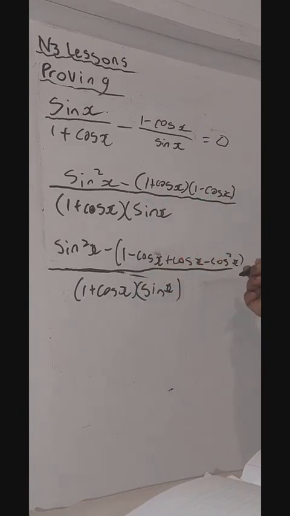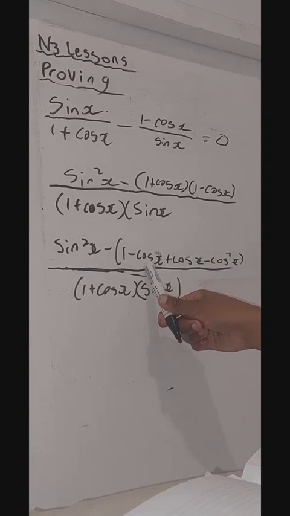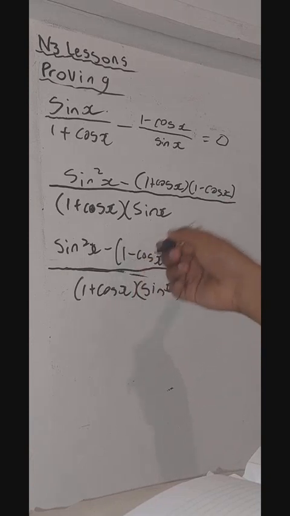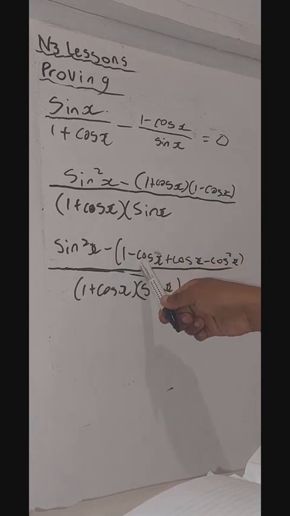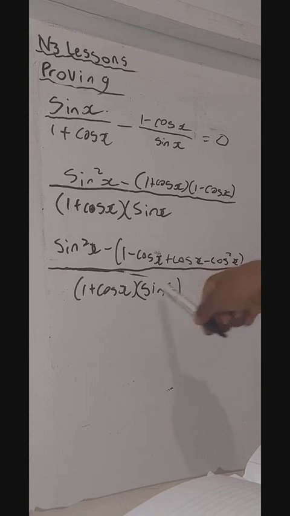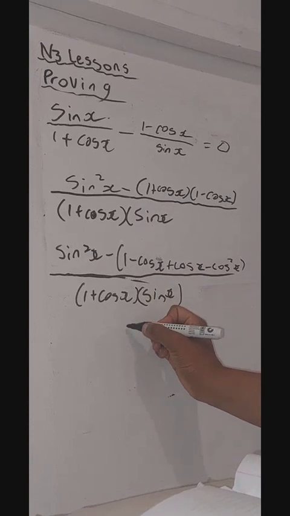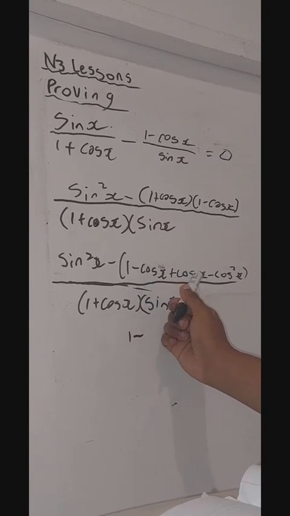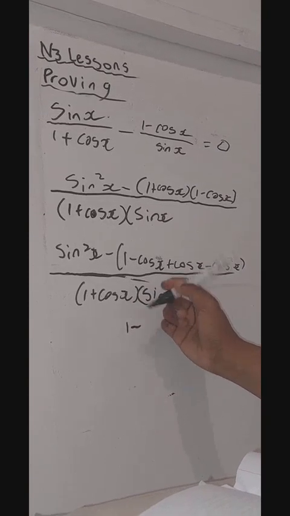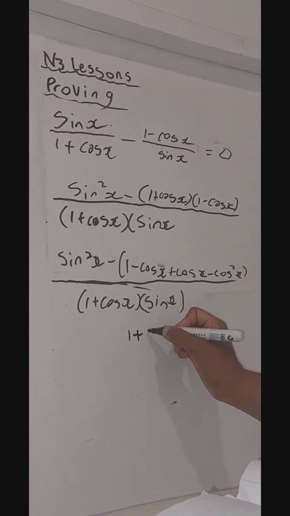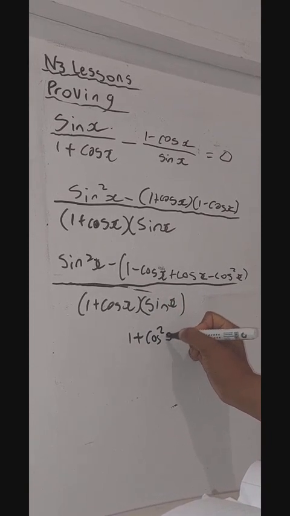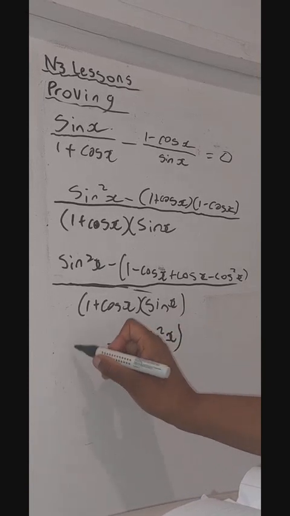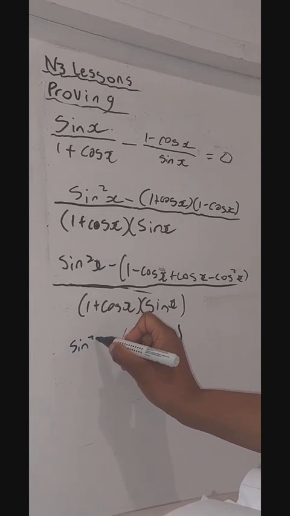Right, so let's solve this whole thing. Let's just do the bracket first. Negative cos x plus positive cos x is 0. So this is going to be 1 plus cos squared x, minus sine squared x.